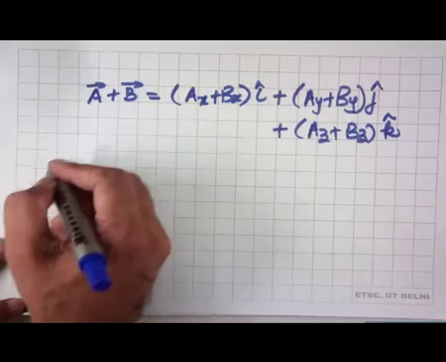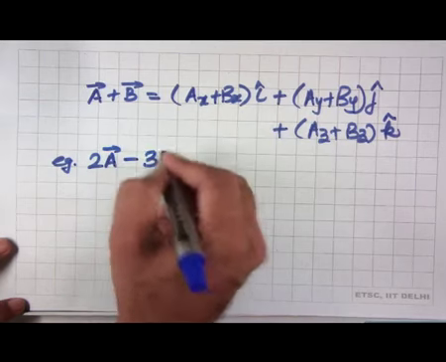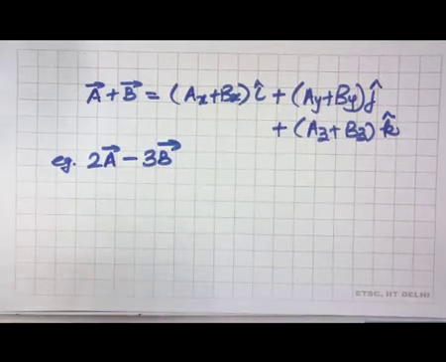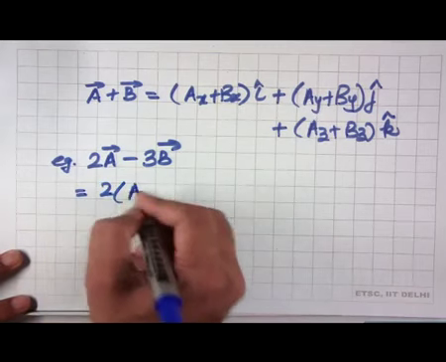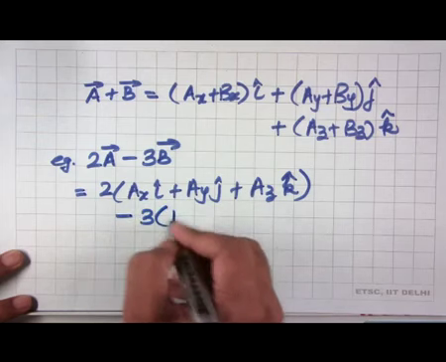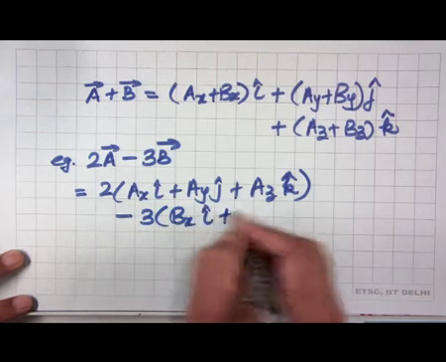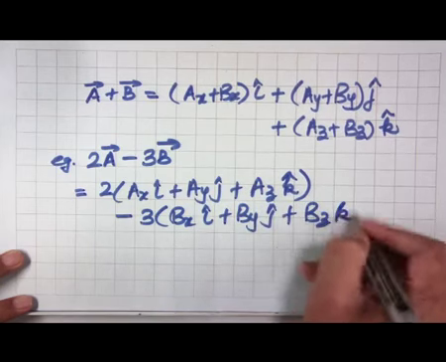So, for example, 2 times A minus 3 times B, if we have to find this sum. This will be equal to 2 times Ax i plus Ay j plus Az k minus 3 times Bx i plus By j plus Bz k.